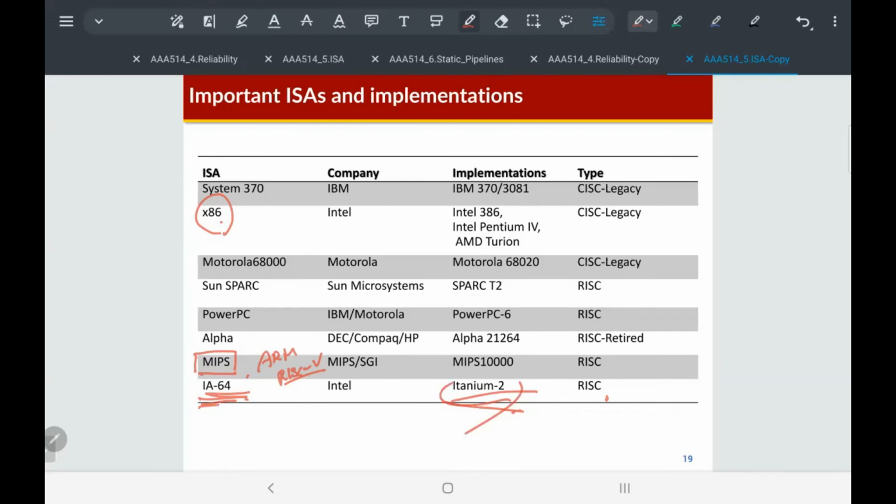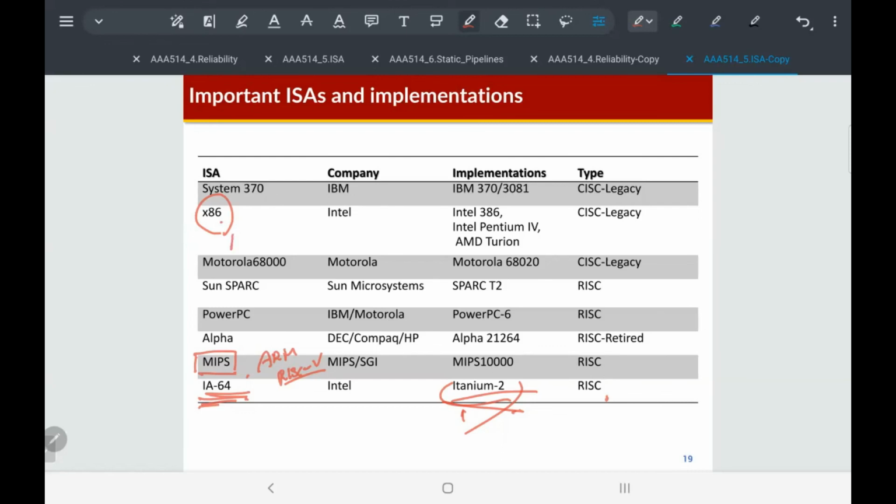So Itanium was not selected by the market, and Intel dropped the Itanium CPUs. So it's a lesson from history: even though the ISA was very good, it was not selected by the market. It's a lesson from market history.